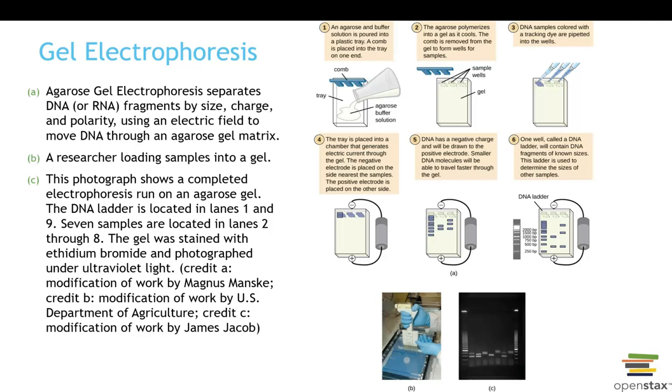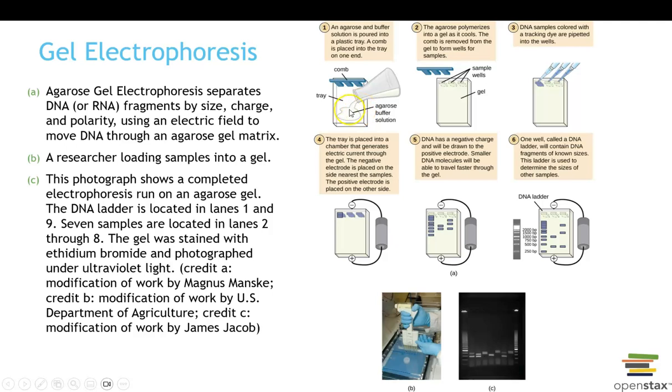The agarose gel is a technique usually used for visualization of DNA or even RNA fragments. You can separate the DNA on a gel made of agarose, which is a product from brown algae, and it's exactly like jello.